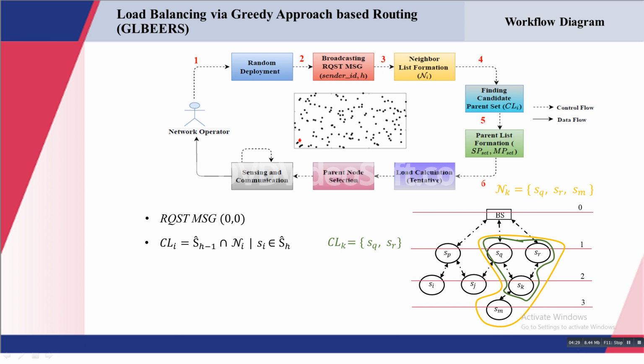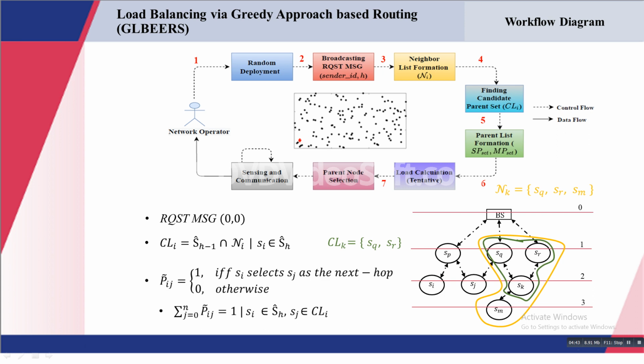Once the parent lists are formed, the tentative incoming load on each particular node is calculated, and then the parent nodes are selected using the proposed greedy approach algorithm, which we will discuss in the next slide.